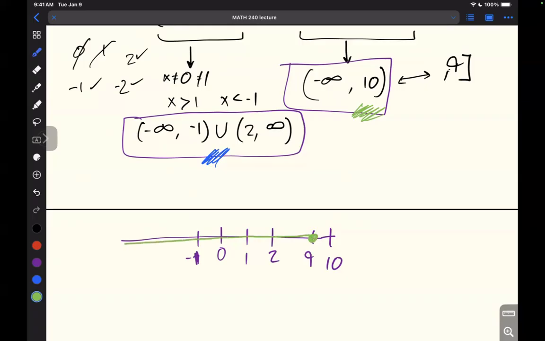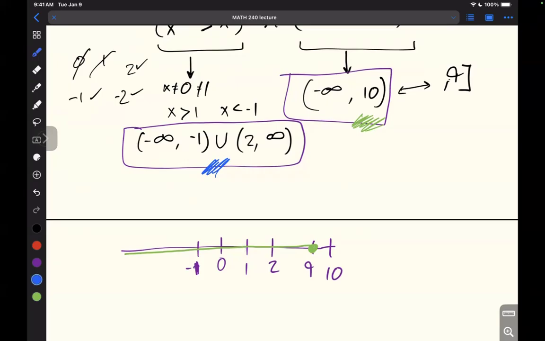For the green one, anything below 9 is fair game. For the blue one, that should be a square bracket because -1 works. So anything under -1 and anything greater than 2. There's also numbers between 2 and 9.